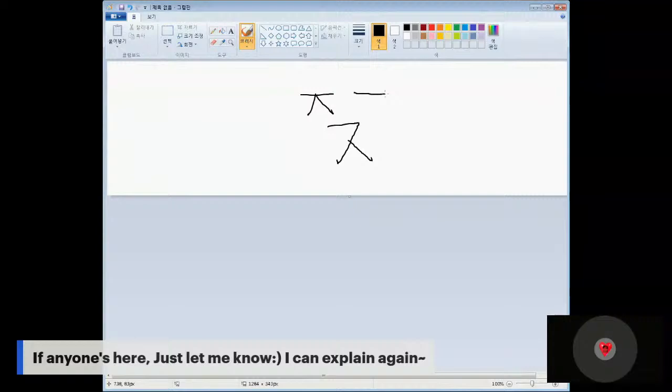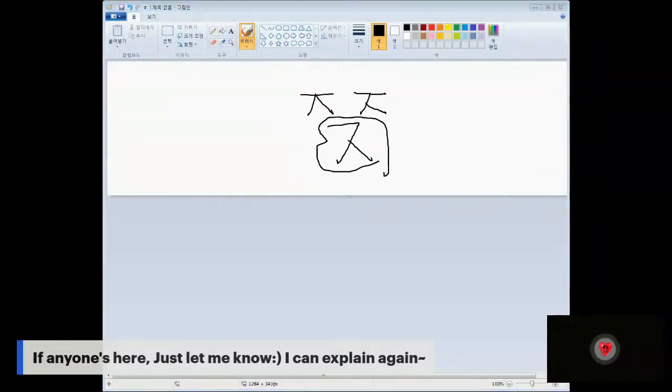Or sometimes people write like this, but I think this one is the most common way to write 지읒. Yeah.